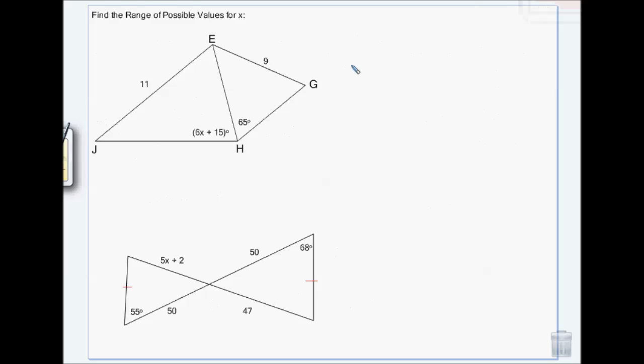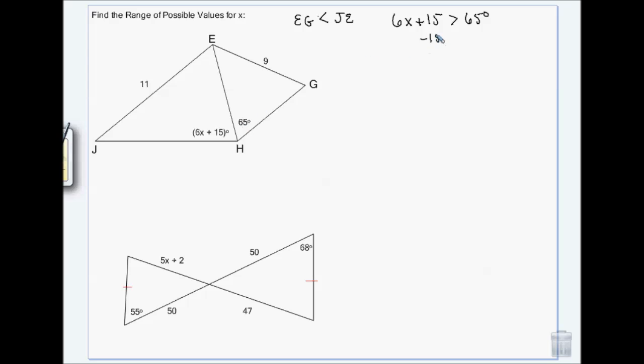So here's how we're going to do this. We know that EG is greater than JE, right? And that's going to tell me that, sorry, EG is less than JE. Why did I write greater? EG is less than JE, right? 9 is less than 11. So that means that this 6x plus 15 is going to be larger than this 65.